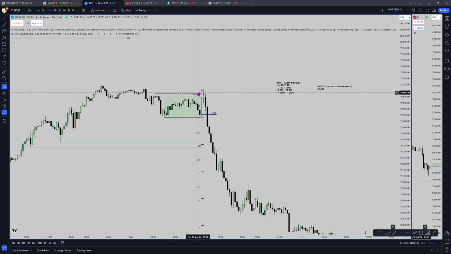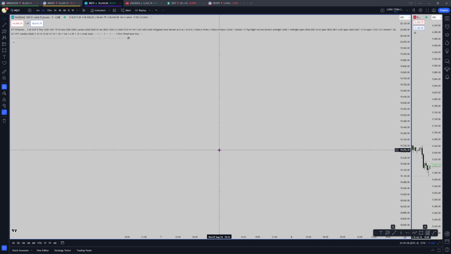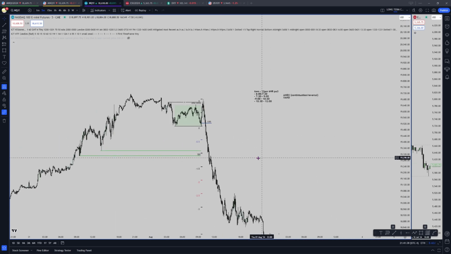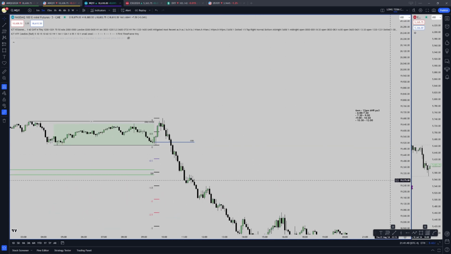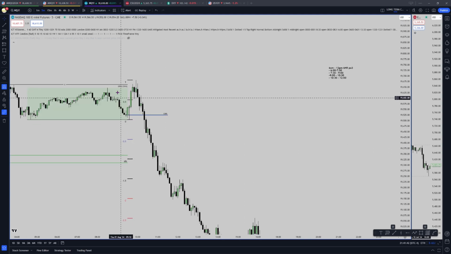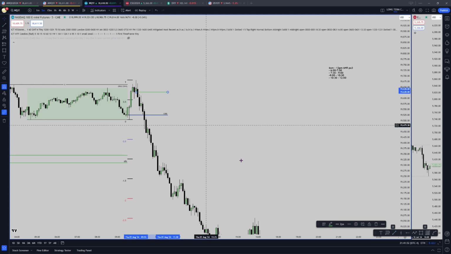Original consolidation, manipulation, and if we go down to the 5-minute, it's way more obvious. So 9:30 goes up, manipulates, and then the 9:50 to 10:10 macro gives us this minor change in the state of delivery.